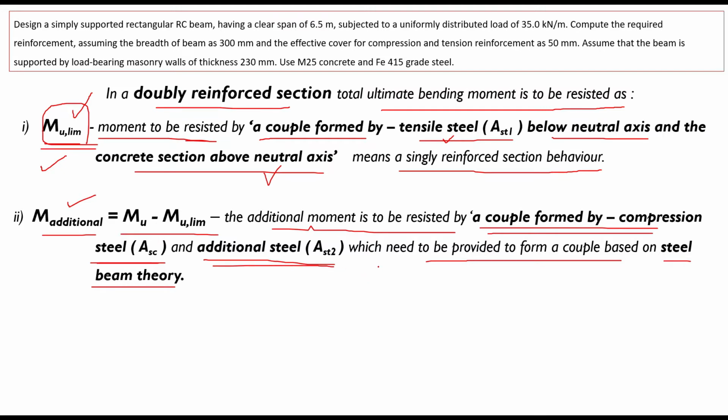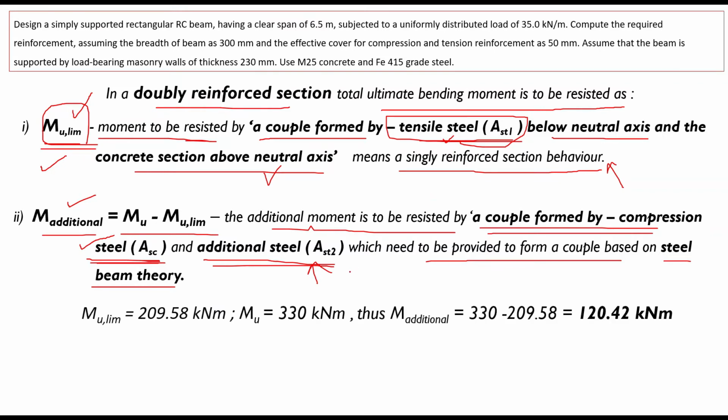On the compression side we provide steel of area Asc, and on the tension side we provide steel Ast1, which we are already aware of from the singly reinforced section, plus some additional steel Ast2. So on the compression side the area of steel will be Asc, but on the tension side the area of steel will be Ast1 plus Ast2.